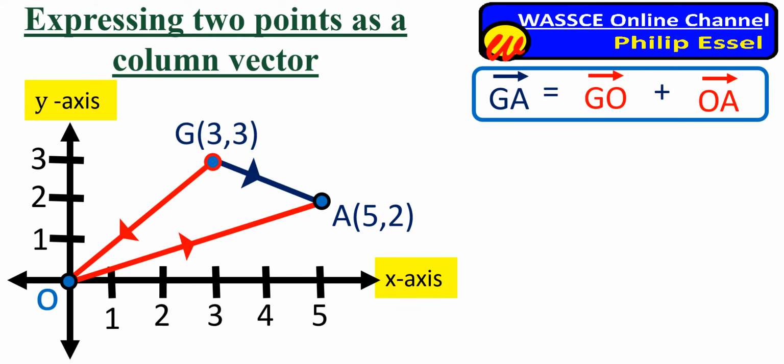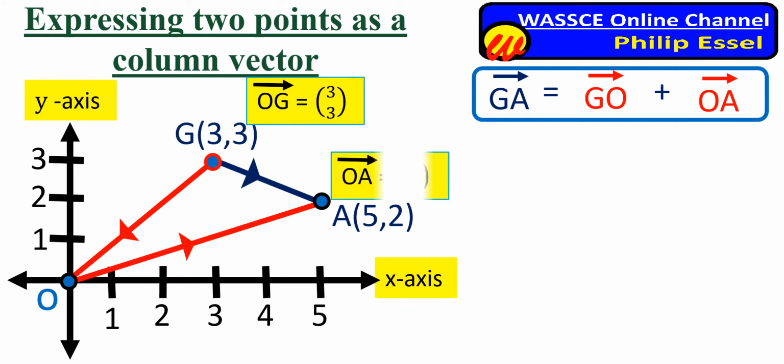Well, the position vector of the point G will be the vector OG, and its vector is 3, 3. What if you are asked to write the position vector of the point A? Well, the position vector of the point A will be the vector OA equals 5, 2.